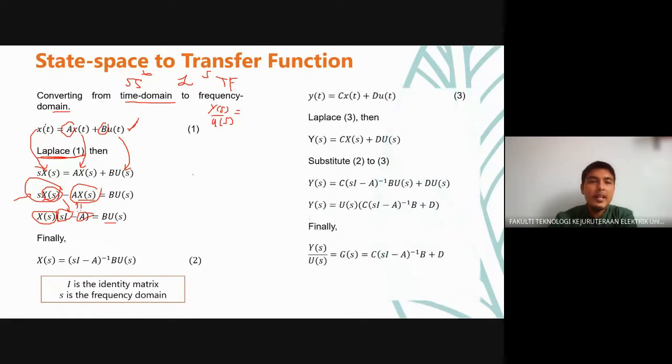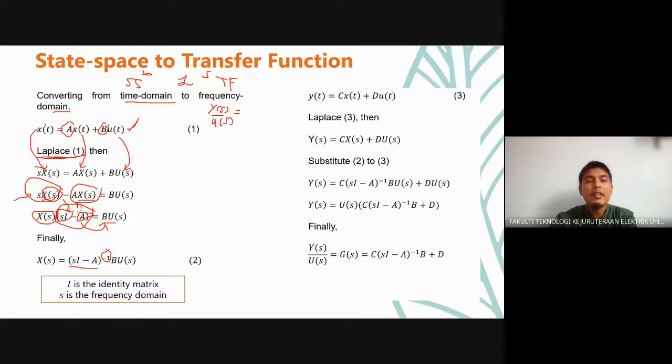After that, you finally obtain X(s) equal to (sI minus A) inverse, because this is a matrix. If you want to move it to the right, it becomes (sI minus A) inverse.